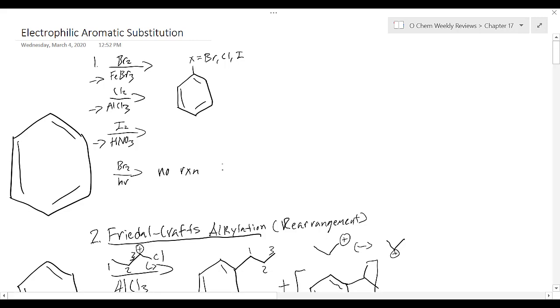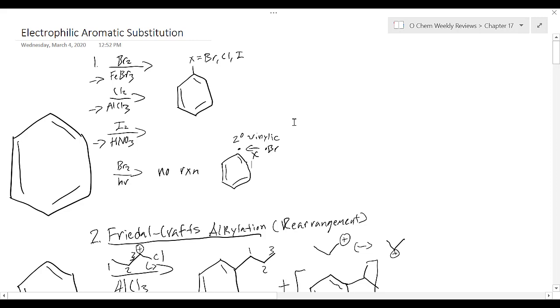But if I try to add a radical on any of these carbons, you'll notice that all of these are vinylic radicals, so they're secondary vinylic. If you don't remember, vinylic is very unstable. It is not going to form that bromine radical. That's why we need FeBr3, AlCl3, and HNO3 to stabilize that intermediate.